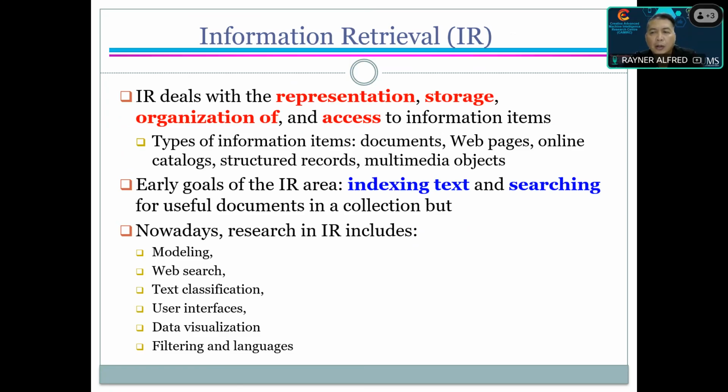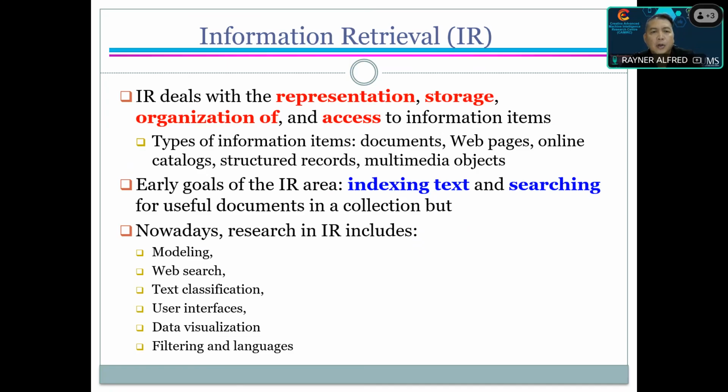So the whole process, how you represent a set of documents, how you store them, and how you retrieve and rank the documents based on your query, is what we call the information retrieval process.